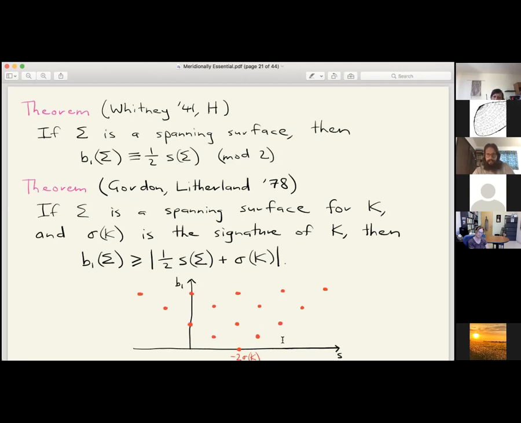And the Gordon-Litherland result tells us that the only points that can be realized are the ones that lie in this cone, which is based at B1, 0 and the slope -2 times the signature. Okay, then the question is that for any particular knot, not all of these are going to be realized, and we have to determine which ones can and can't from this point.